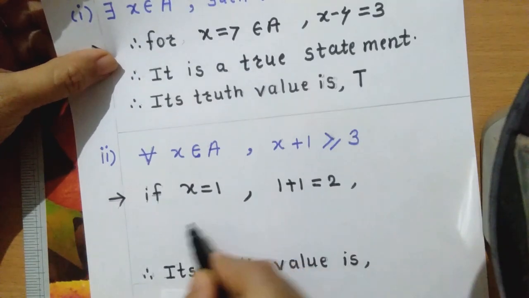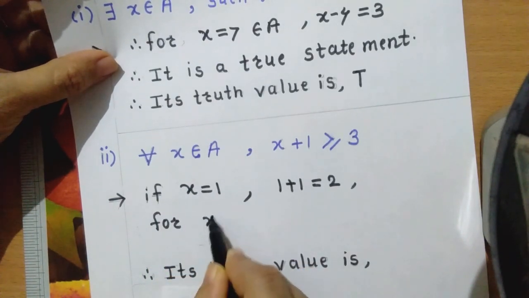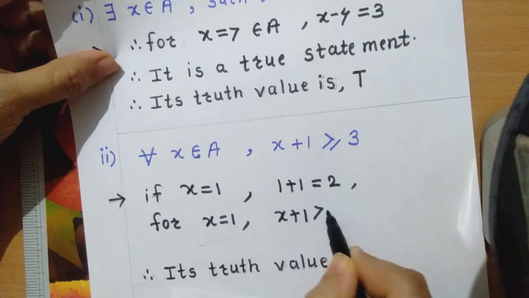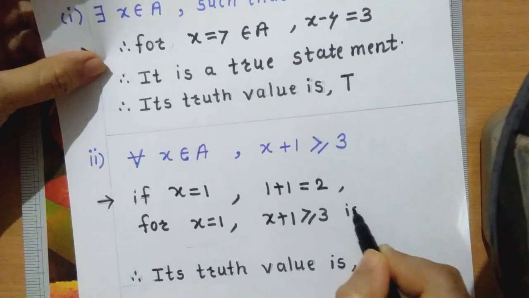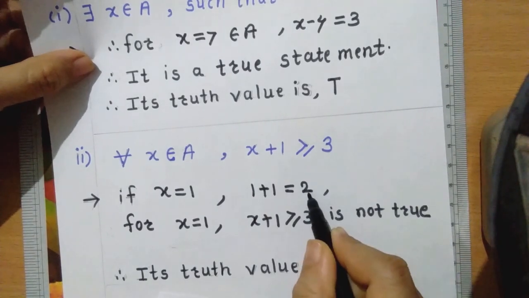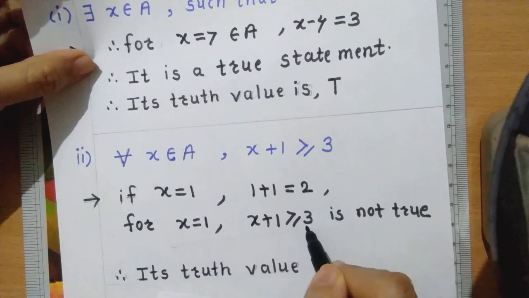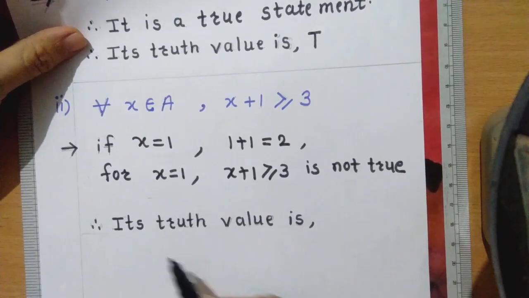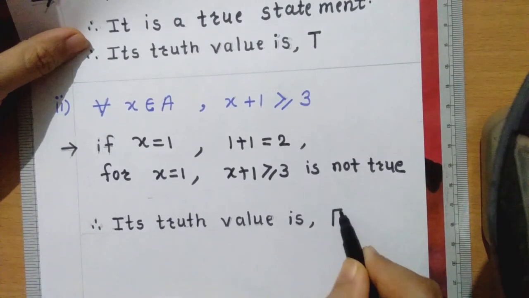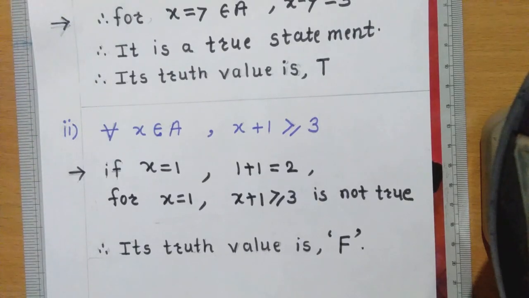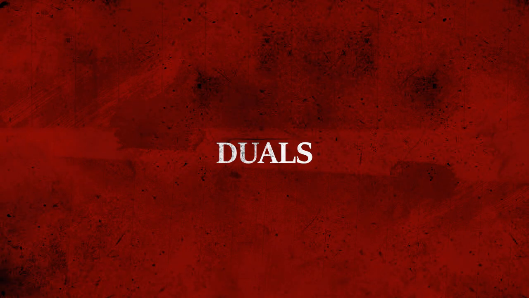So for x equal to 1, the inequality x plus 1 greater than or equal to 3 is not true, because its value is 2 and 2 is not greater than or equal to 3. So it is a false statement, and therefore its truth value is F. Like this you have to solve the remaining examples from this exercise.